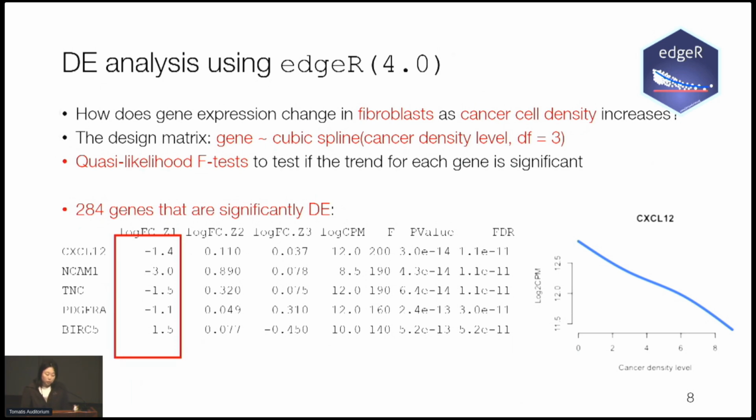And here we can also visualize this natural cubic spline trend. For example, on the right-hand side, I have the top DE gene, and we can see that CXCL12 expression decreases in the fibroblasts that are located in the cancer-dense regions.